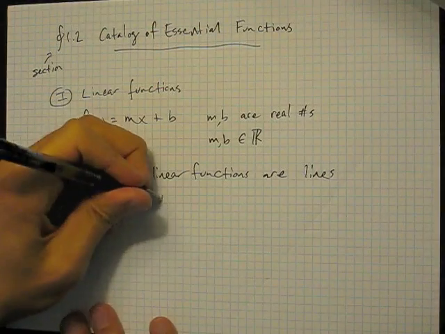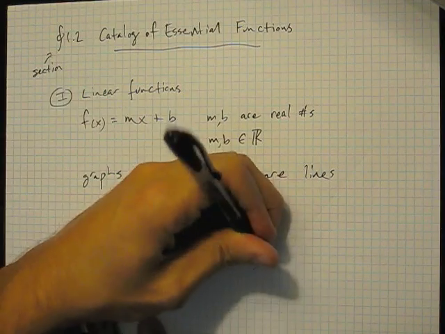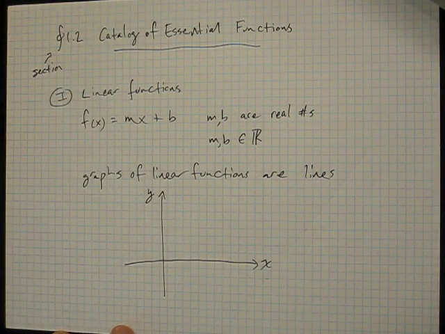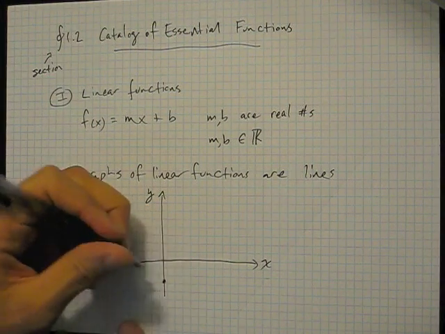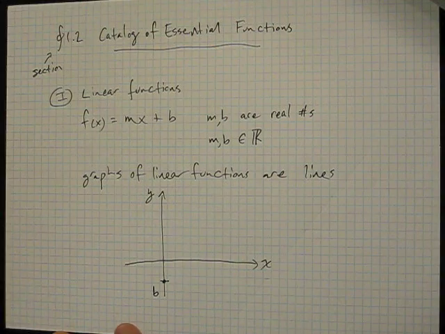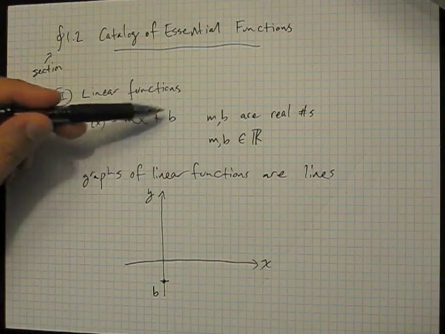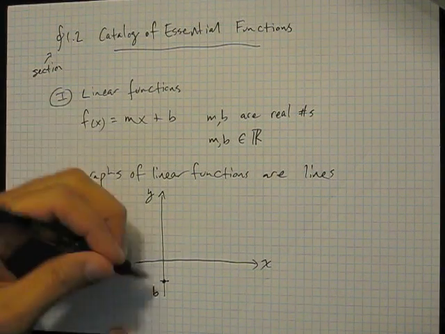Okay, and here's just the schematic for how that works. So here's a pair of axes, x and y. They're really easy to graph. All you really need are 2 points, but let's start with b. So the value when x is equal to 0 will just be b, right? Because m times 0 is 0, and then you add b. So the output when x is equal to 0 is b.